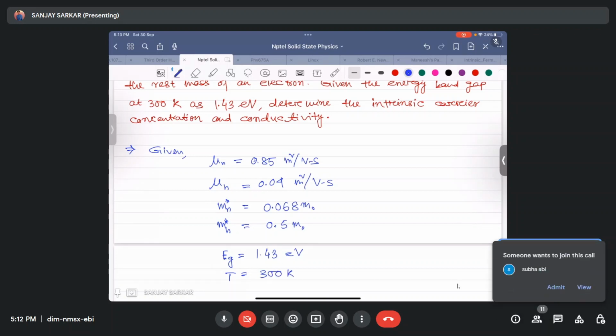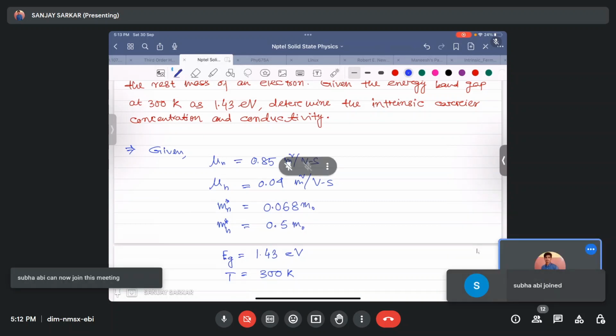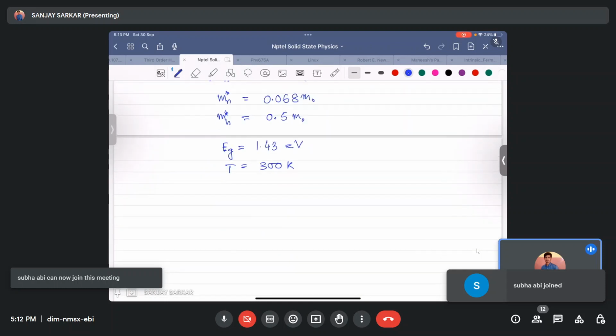So there is the formula. Let me write down the formula. Maybe it is already taught in the class.